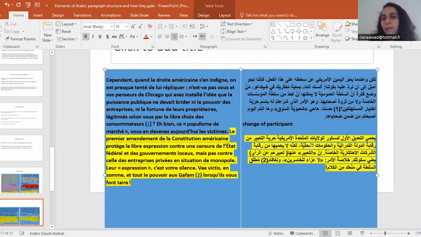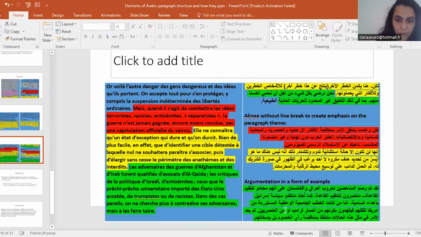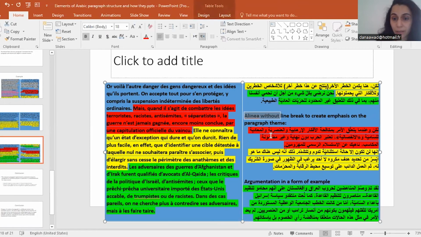So the separation of this paragraph into two paragraphs was necessary for the translator. And in the third paragraph, we have the alinea without a line break between these two paragraphs to create emphasis on the paragraph theme.